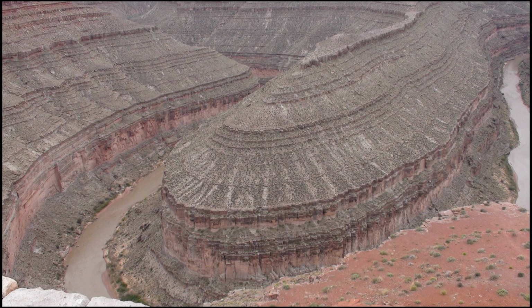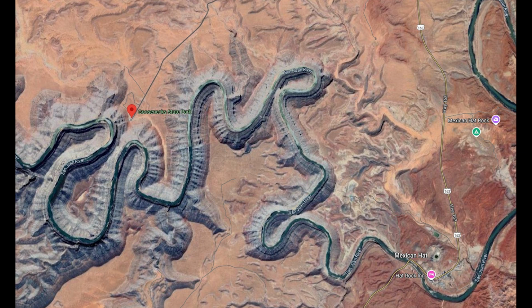Yeah, there's something just north of Mexican Hat and south of where Cedar Mesa comes in. There's a little side road that takes you to Gooseneck State Park. The San Juan River has carved these deep chasms and meanders.